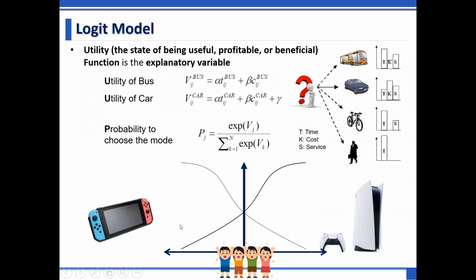Like this, when you compare the service levels of the alternatives, you are enforced to compare every service and to choose each alternative. This is a very, very simple explanation of the logit model.